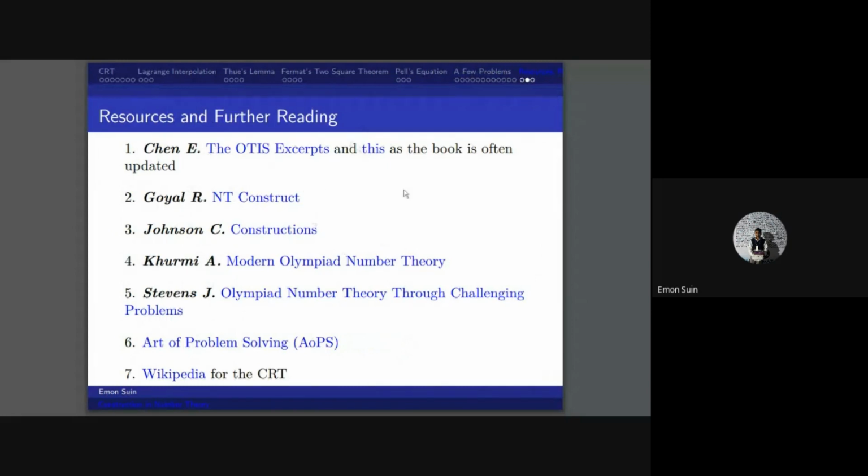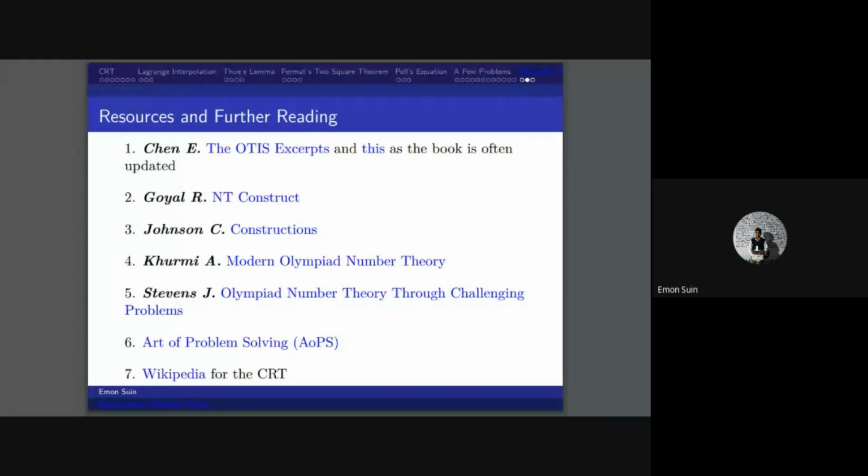Then I followed Rohan Goel's anti-construct PDF, the handouts which he had. Cody Johnson's constructions is easily available; it's the first PDF you get when you search construction number theory on Google. Aditya Khurmi's Modern Olympiad Number Theory.